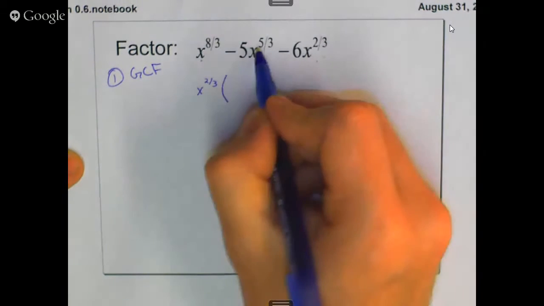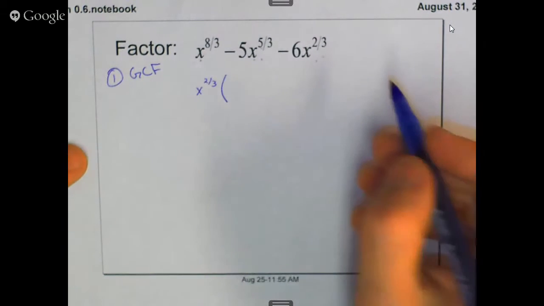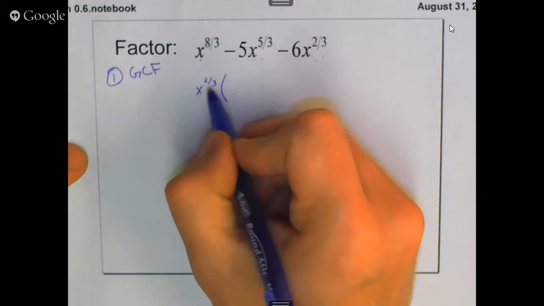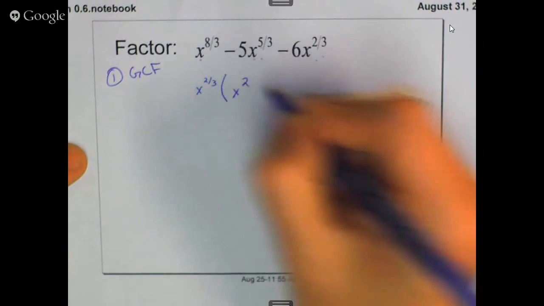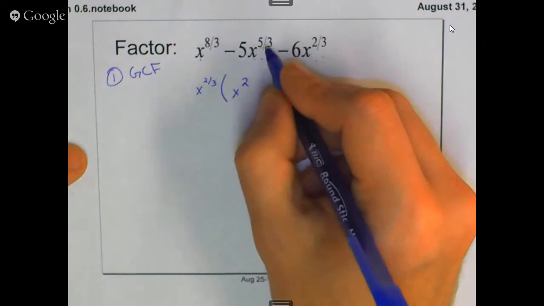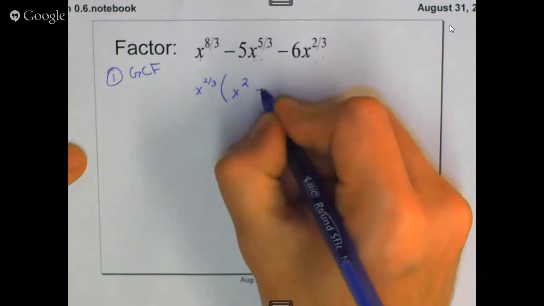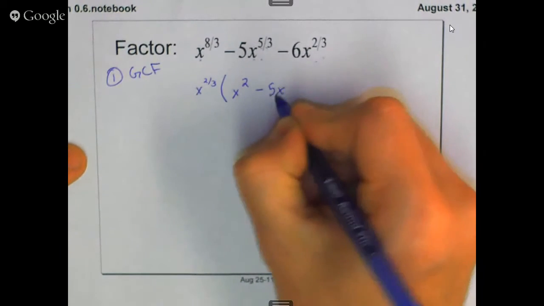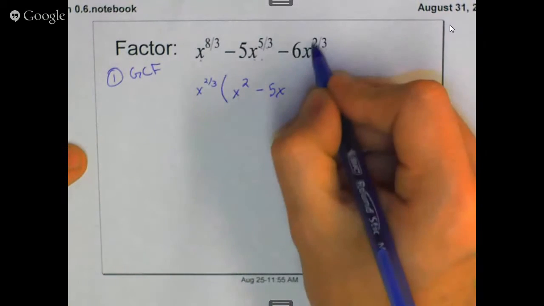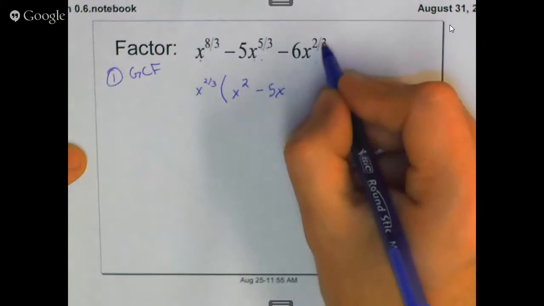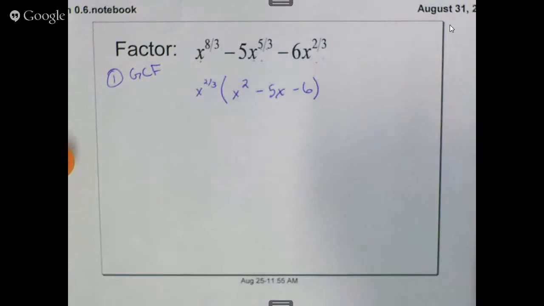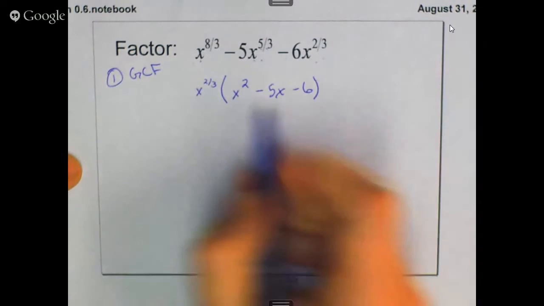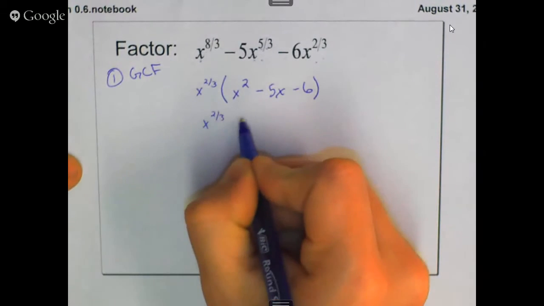Okay, it's your smallest exponent that you're bringing out. Well, if I have 8/3 and I take 2/3 away, I have 6/3, which is 2. If I have 5/3 and take away 2/3, I have 3/3, which is just 1. If I have 2/3 and take away 2/3, I have 0. X to the 0 is 1, so I have 6. And then we'll say x 2/3.